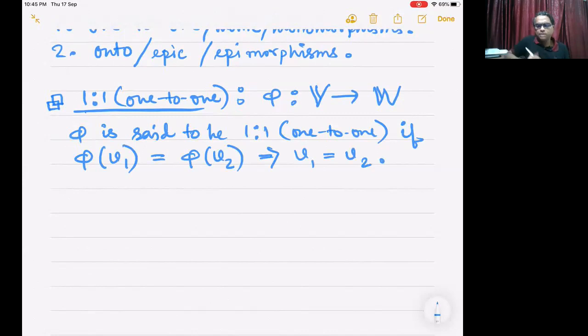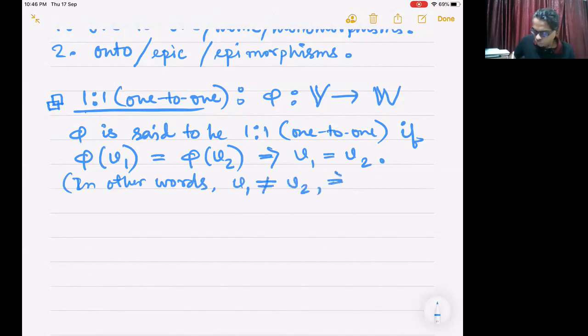Which is the same as saying, in other words, v1 not equal to v2, that is two distinct things, would get mapped to two distinct things.